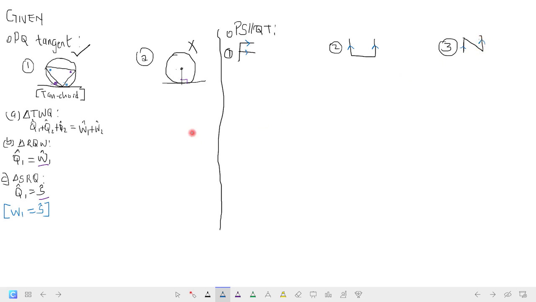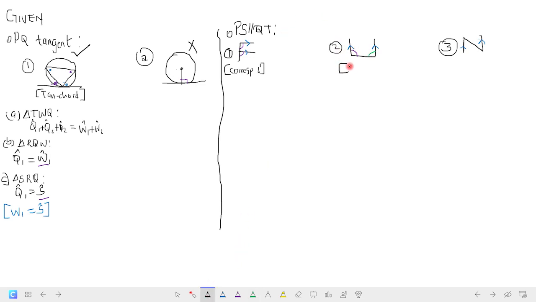Now the first one is called corresponding angles. It basically says that this angle is the same as that angle, right? So let me write it here: corresponding angles. Then this one is called co-interior. What this one says is that if you add this angle with that angle, you're going to get 180, right?